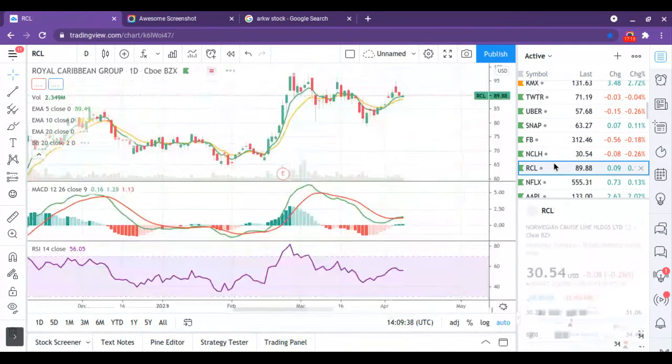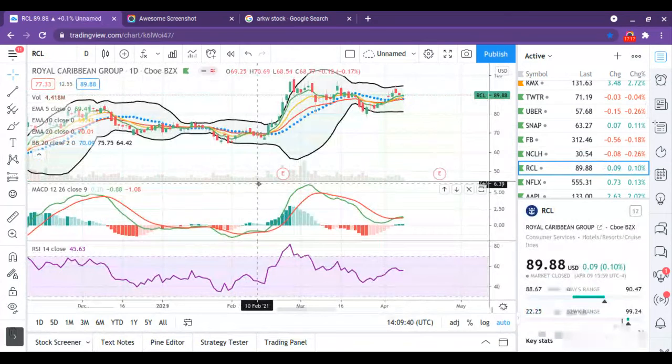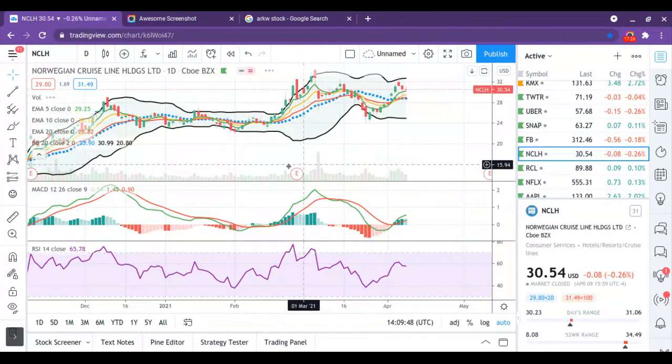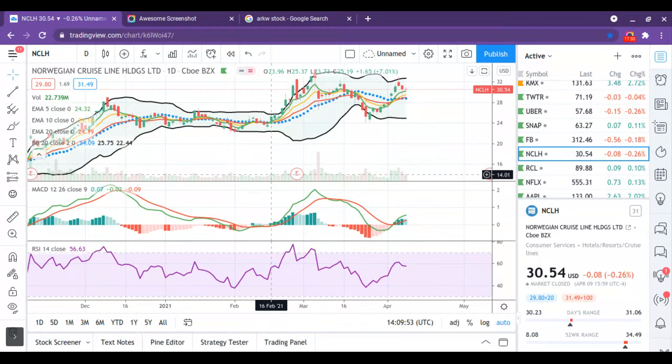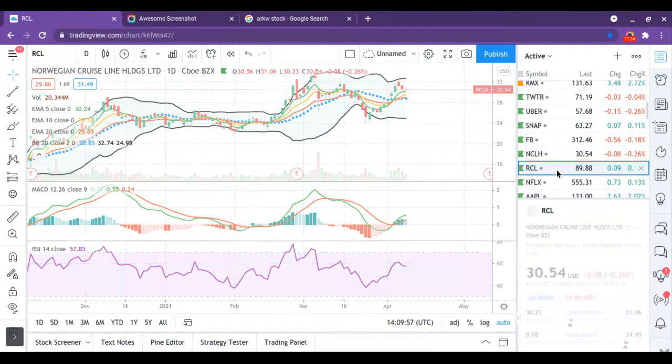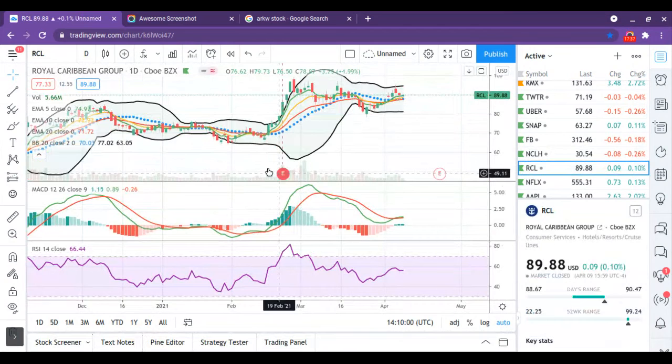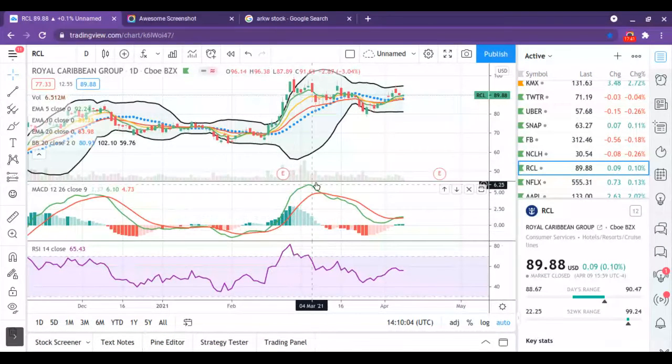One's always going to break out before the other one, but like this one in particular, our first big green day was on February 16th. Let's see if we had the same big green day. February 16th was kind of a big one, but you could have probably gotten to this one and rode this wave because this one kind of followed this one, right? But yeah, I think Norwegian is the one that breaks out first.